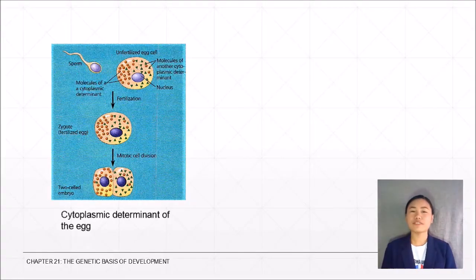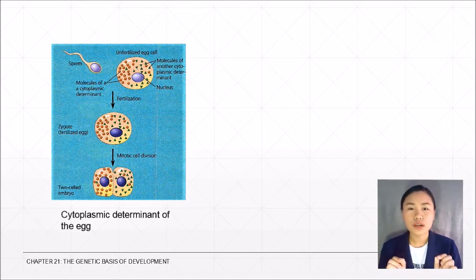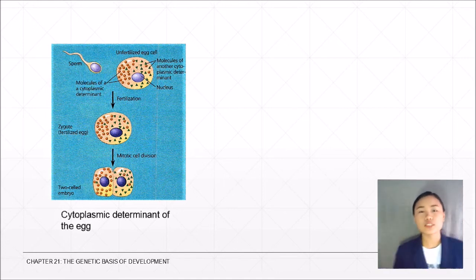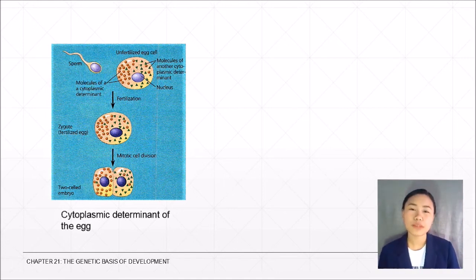So we have here a picture of cytoplasmic determinants in the egg. As we can see, there are green triangles and orange circles. Those green and orange things stand for the different cytoplasmic determinants. And as we can see, these determinants are already there long before the sperm comes to fertilize the egg.